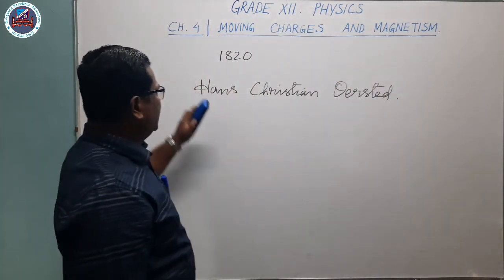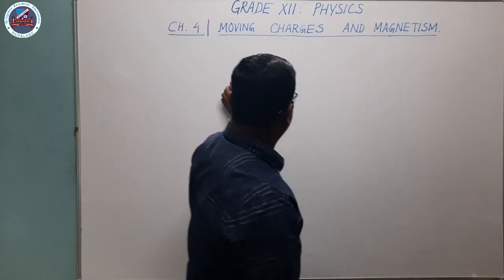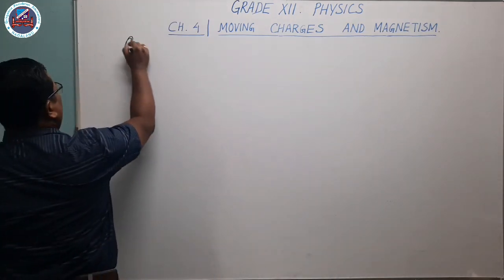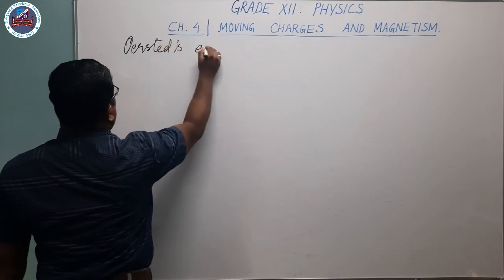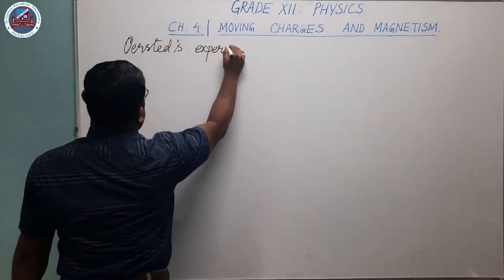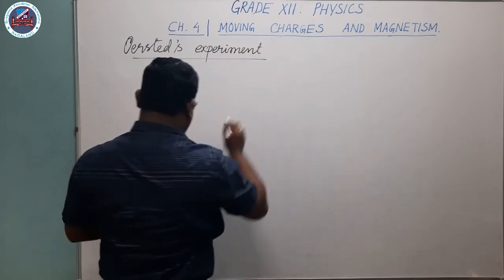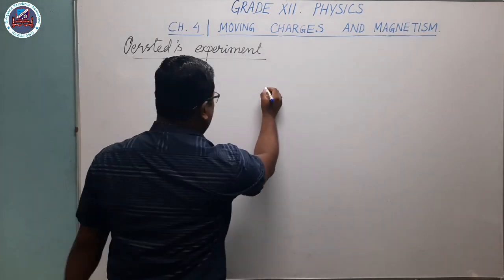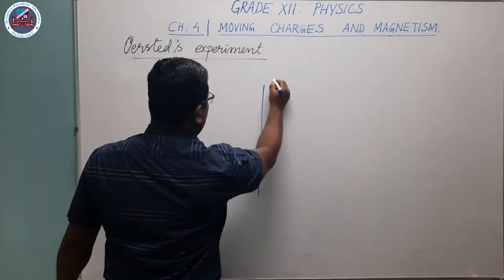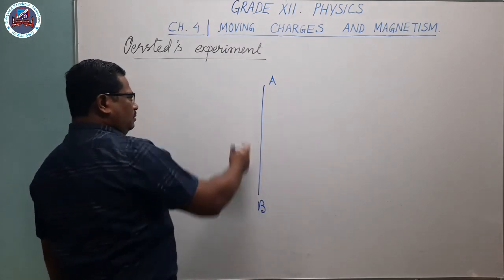So let us see his experiment first, the Oersted experiment. He took a straight conductor, suppose this is a straight conductor AB. He kept it in the north and south direction.